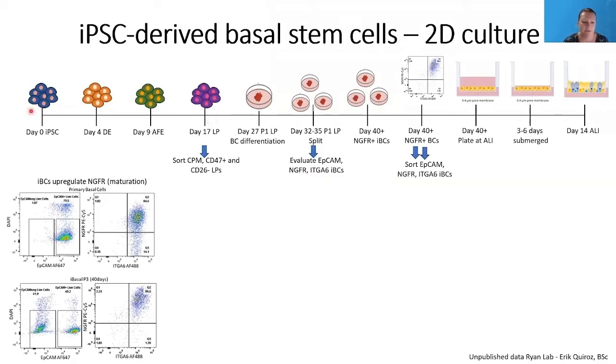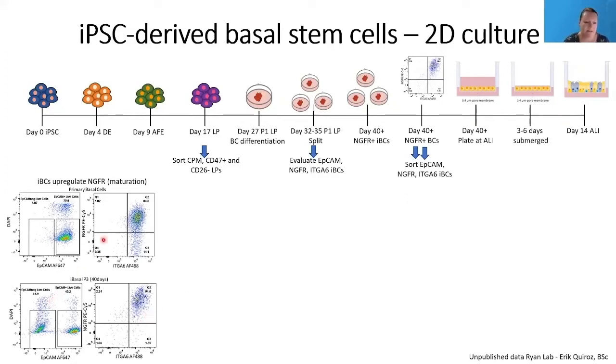Here is our current differentiation protocol, going from pluripotency through definitive endoderm and anterior foregut endoderm to NKX2.1 expressing lung progenitors. We've now modified our protocol to selectively expand basal cells that express NGFR and that are capable of differentiation at the ALI to give rise to a mucociliary epithelium.